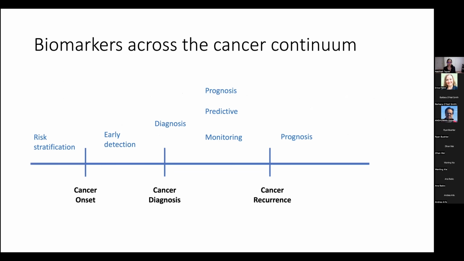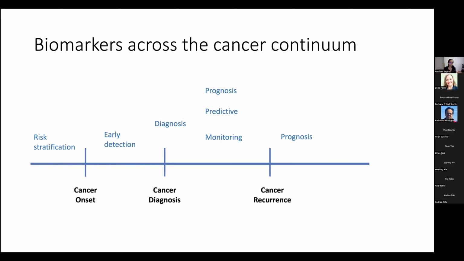Across the cancer continuum, we have biomarkers at various points. Before the cancer onset, we have risk stratification biomarkers: who's a high risk patient, who's a low risk patient. Once the cancer is onset but before we diagnose it, we have early detection biomarkers, which is a particular interest of mine.